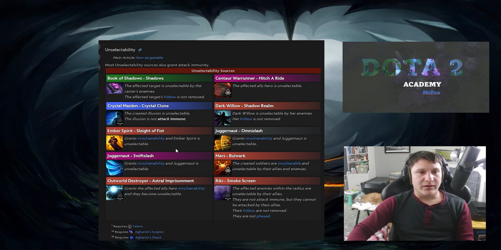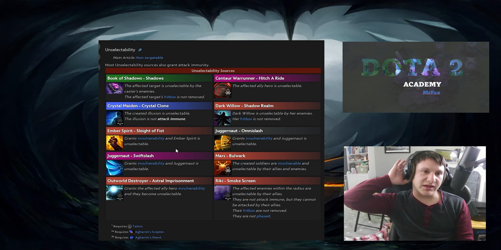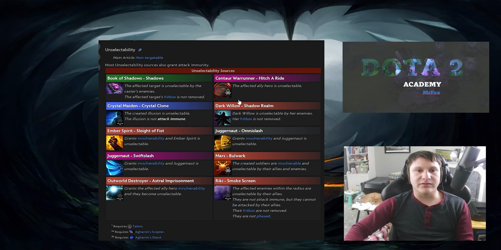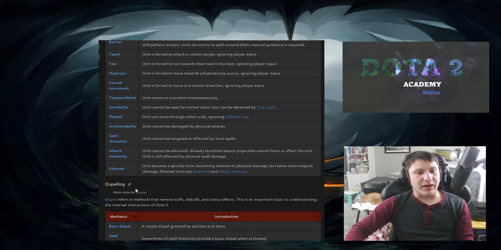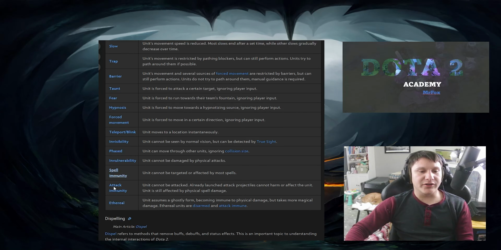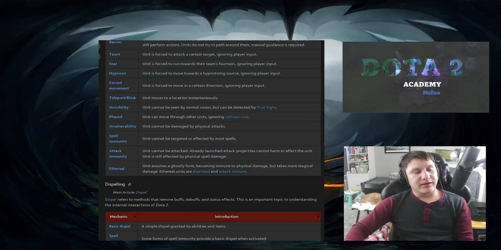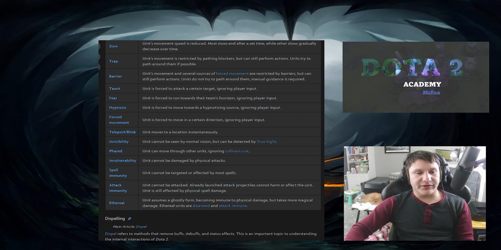Here's some... most unselectability sources also grant attack immunity. Good to know. Back to ethereal. Ethereal, of course, I hit a button. Ethereal is a unit assumes a ghostly form, becoming immune to physical damage, but takes much more magical damage. Ethereal units are disarmed and attack immune.